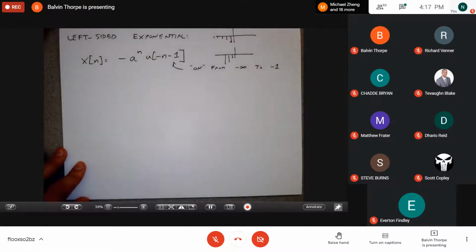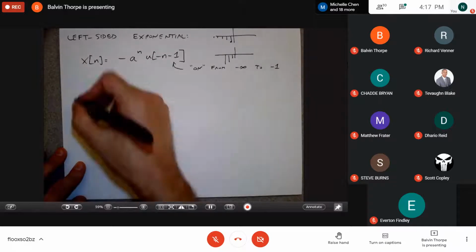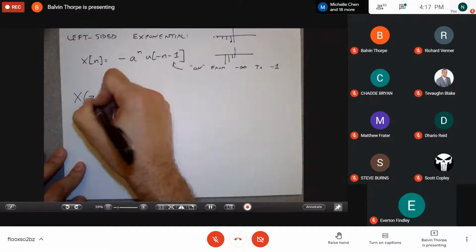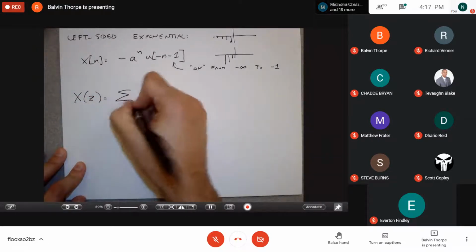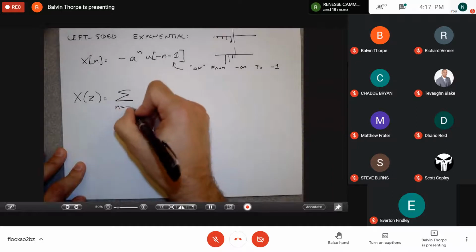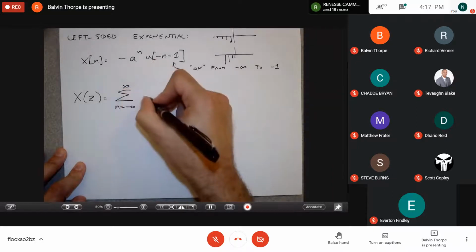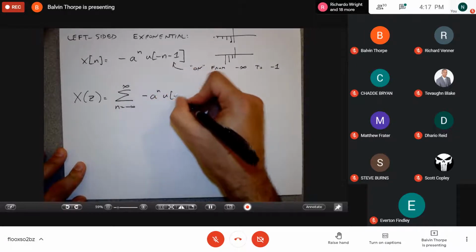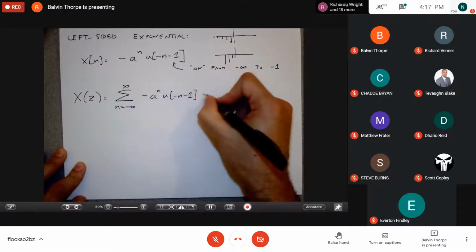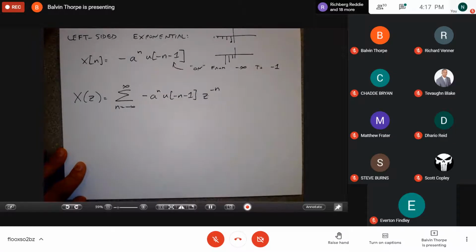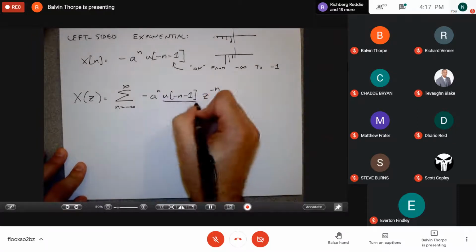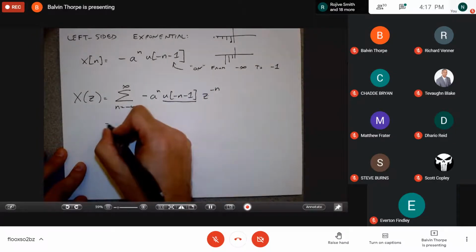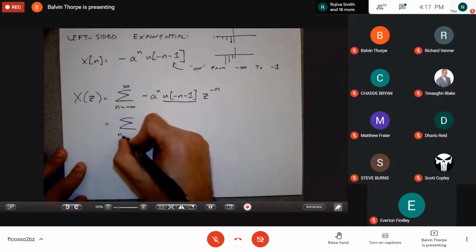And so let's compute the z transform. My x of z is going to be this sum, x of n, z to the minus n. And now I'm going to say, okay, because I know that this is a step function that only turns on this way, it's going to look like this.